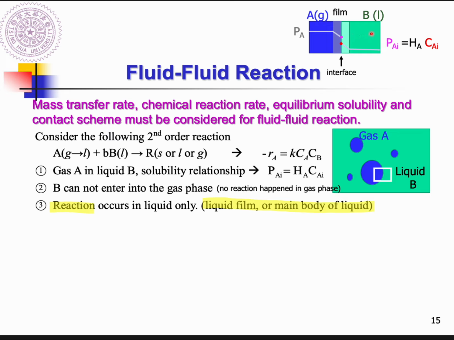So in this case, all the reaction will happen in the bulk liquid because transport is too fast. But on the other hand, if the transport through this film layer takes like 100 seconds, and the reaction is just 1 second, then after 1 second the reaction is already finished.